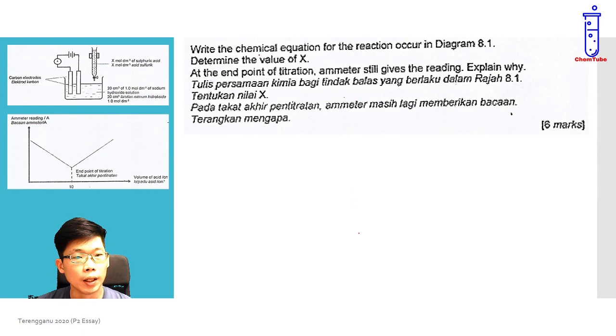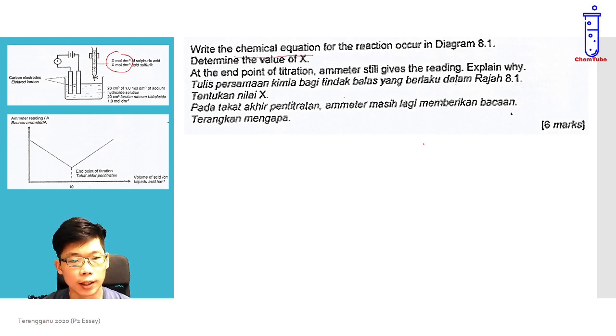Now, write the chemical equation for the reaction that occurs in diagram 8.1 and determine the value of X. Value of X means the concentration of the sulfuric acid. First, you have to write the chemical equation.